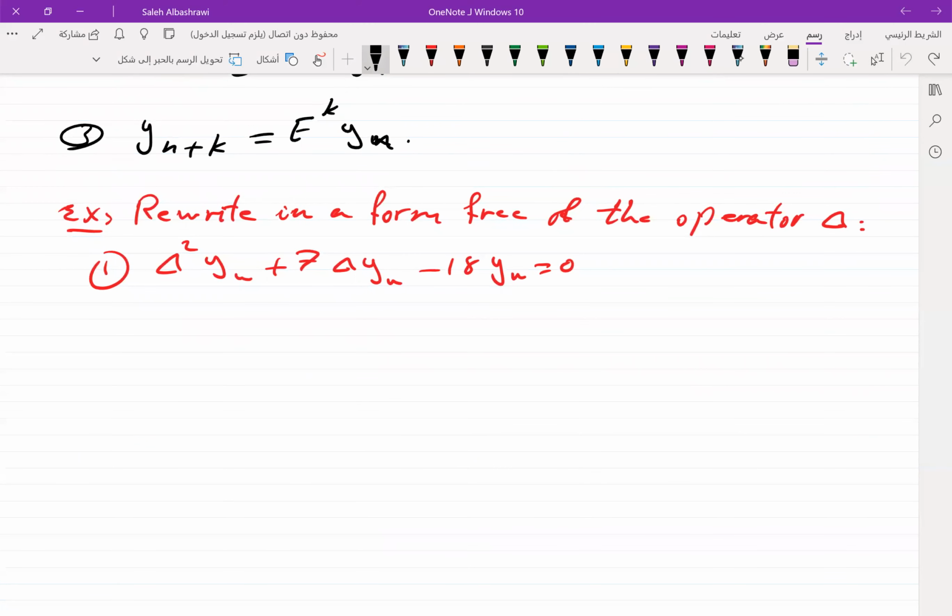From the relation or the general form, delta to power n equals E minus I to power n. So delta square can be written as (E minus I) square y sub n plus 7 multiplied by (E minus I) to power 1 y sub n minus 18 y sub n equal to 0.